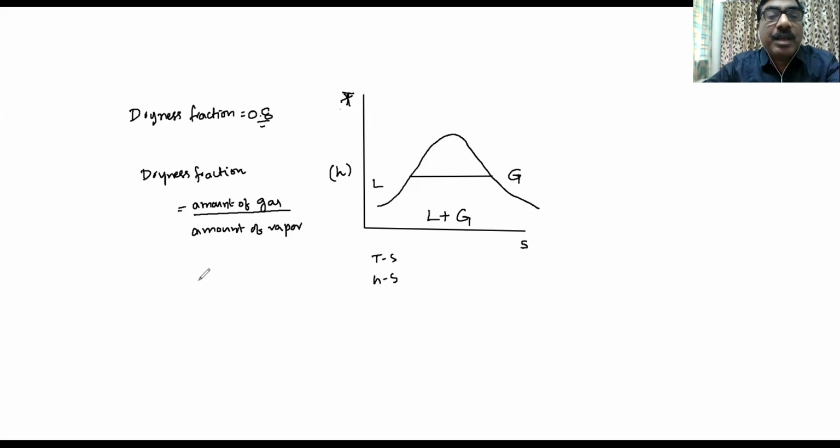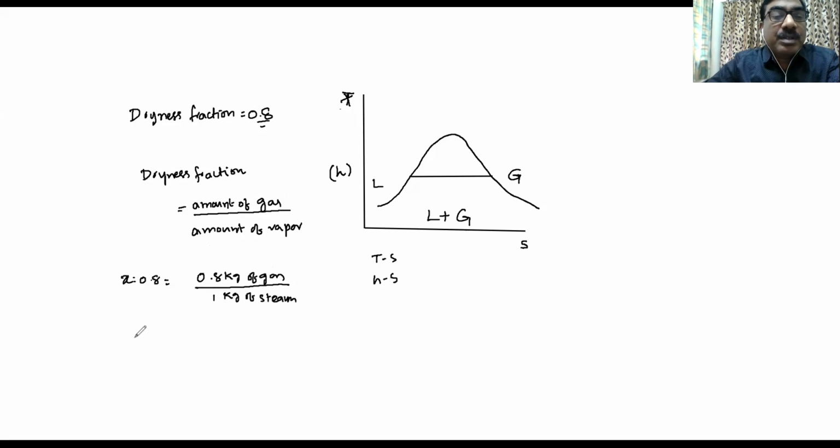If you take 1 kg of steam, there will be 0.8 kg of gas, so X equal to 0.8 means 0.8 kg of gas divided by 1 kg of steam or vapor.